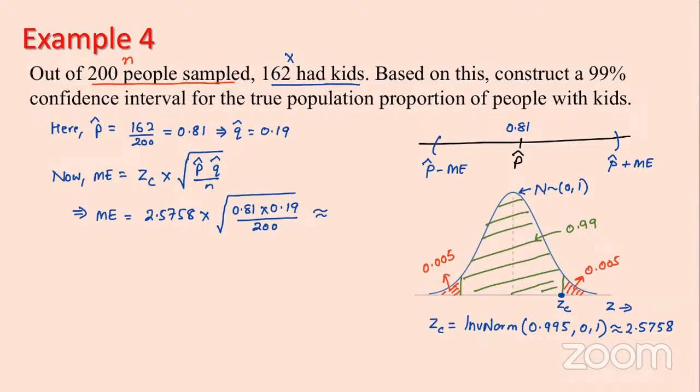When you type this, make sure you type it carefully, because inside the square root you are typing 0.81 times 0.19 over 200. That is inside the square root. So everybody, please type that and let's find out what you will get. 2.5758 times the square root of 0.81 times 0.19 over 200.